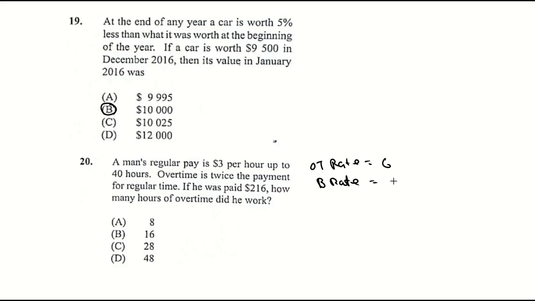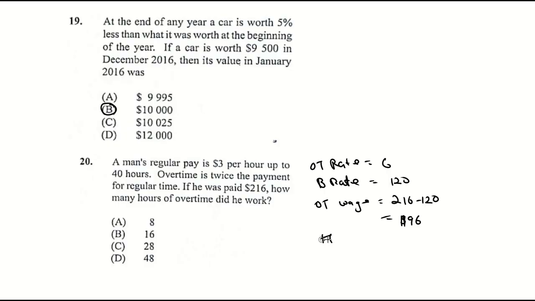That would have been 120. His overtime wage would have been 216 minus 120, which is $96. So $96, and how many sixes in 96?